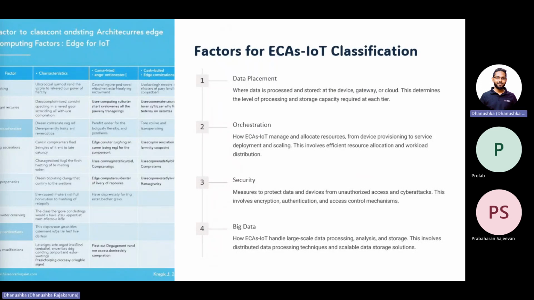The deployment location: the physical location of edge computing resources significantly impacts latency, bandwidth, and resource availability, so device level, gateway level, local server level, and network level. Computational distribution: tasks are distributed across devices, not all in the cloud, which affects scalability and efficiency, like centralized, distributed, and hybrid.